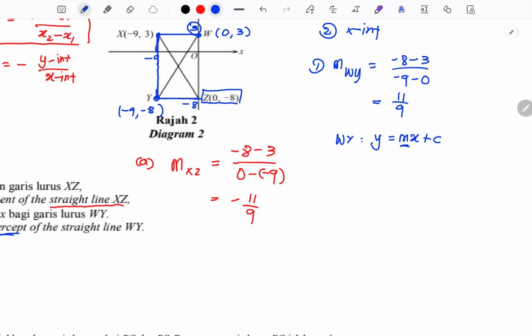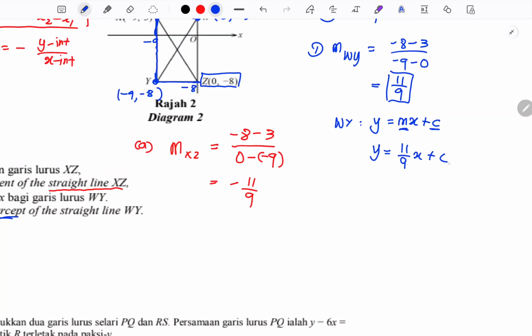To find the equation, you must find the gradient and the y-intercept, where the y-intercept is c. The gradient we already found, which is 11 over 9, so we put it in first, x plus c. How are we going to find this c?